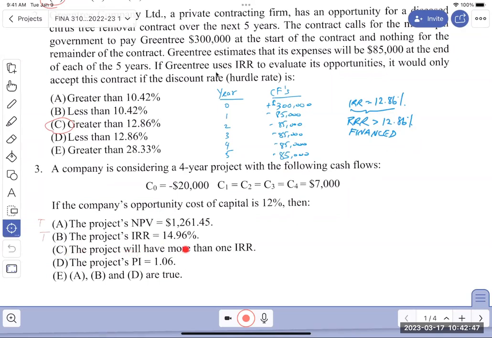Now C, when will a project have more than one IRR? It's when there's more than one sign change. So these cash flows went from negative to positive. And that's it. So there's no more than one. There's only one IRR. If there's a sign change, there could be as many as two. That's how it works.